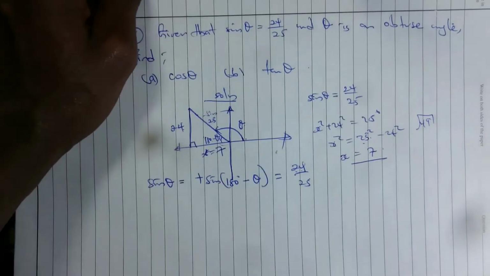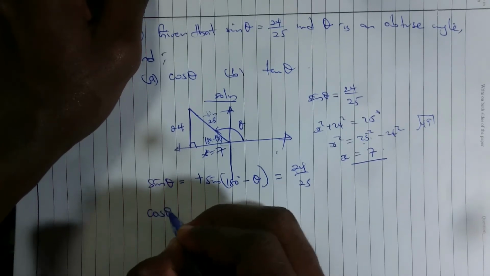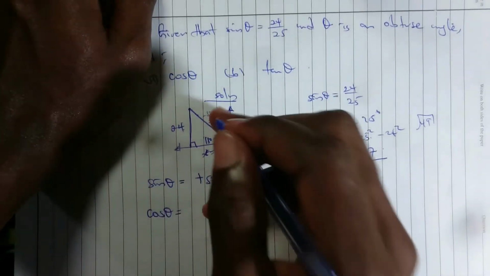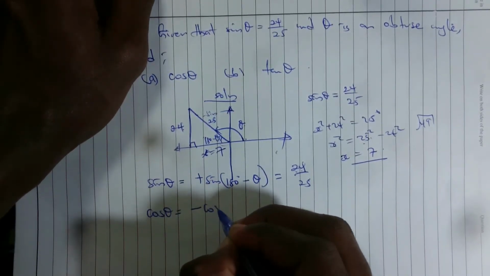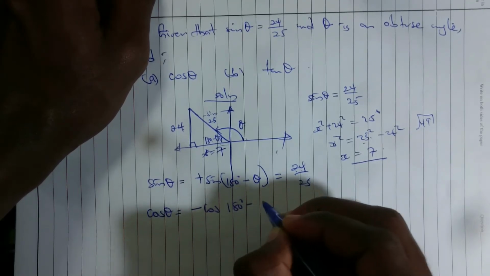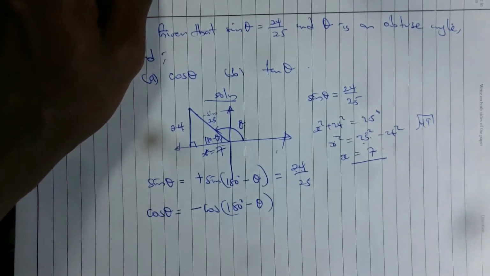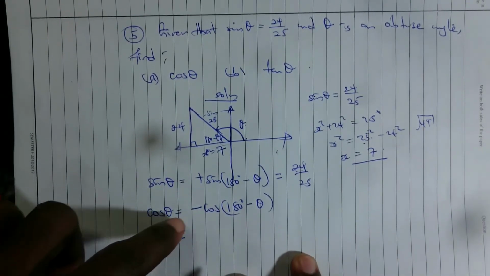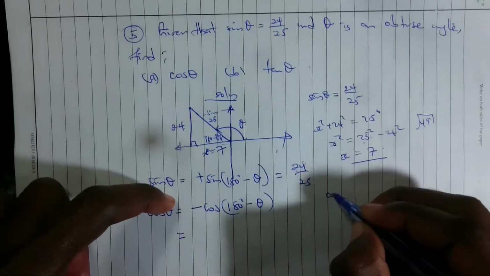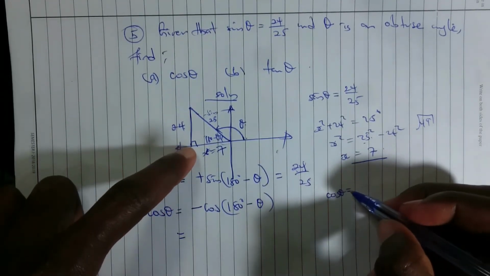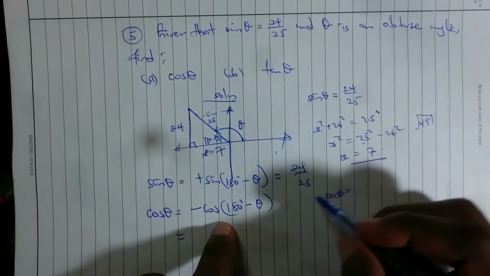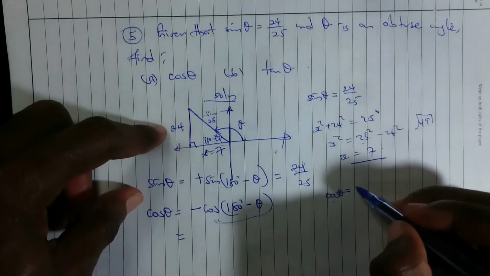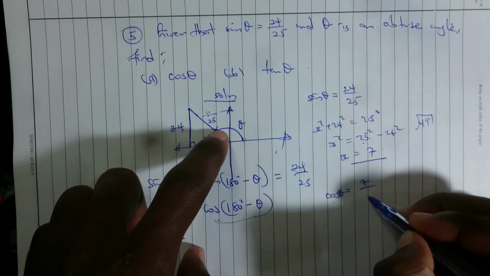So now we can get cos theta. Cos theta is going to be negative, because cos is negative in the second quadrant. It is negative cos of 180 degrees minus theta. Cos is adjacent over hypotenuse, so the adjacent is 7 and the hypotenuse is 25.